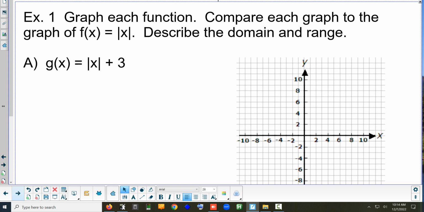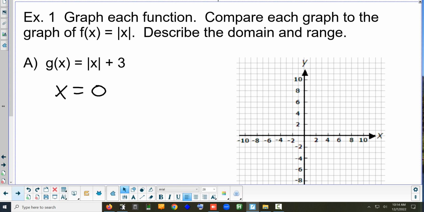No, step 1 from our steps. This would be on the front. Okay, set what's inside the absolute value bars equal to 0. What's inside the absolute value bars? x. We're going to set that equal to 0.